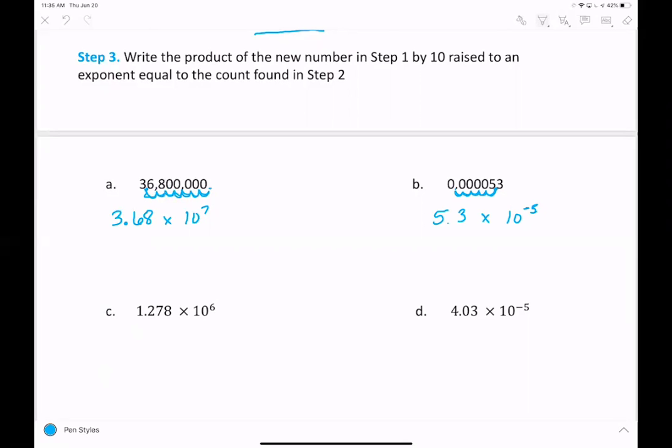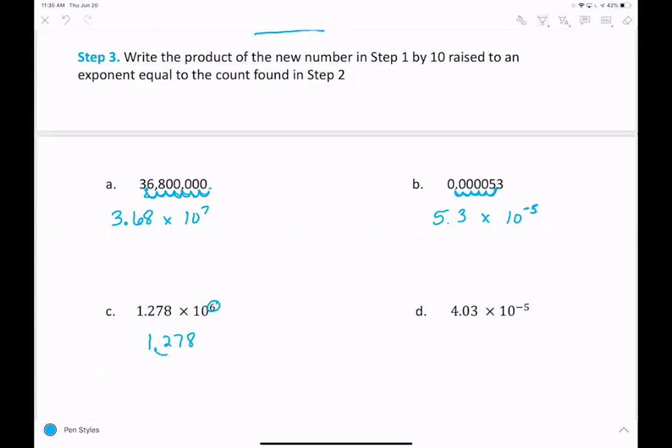Here we have scientific notation, but we want to write the original number. So I'm going to write out 1.278. Since the exponent is positive, the number that we write has to be bigger than 10. To get a number bigger than 10, I'm going to have to move the decimal to the right.